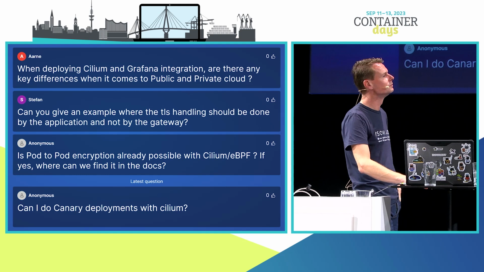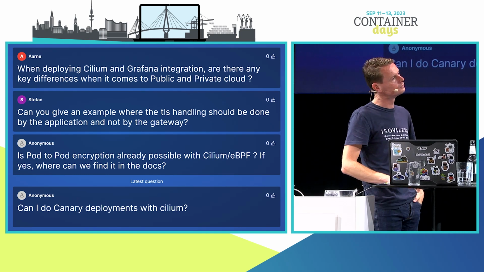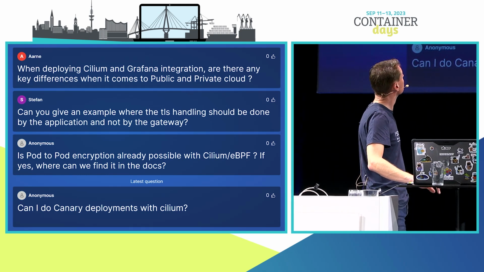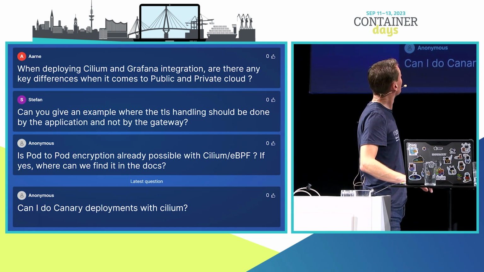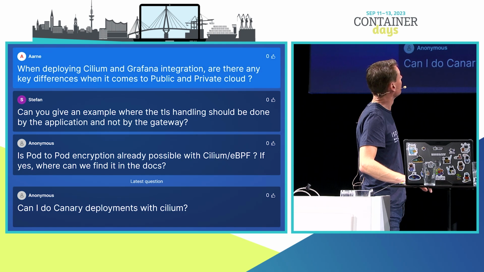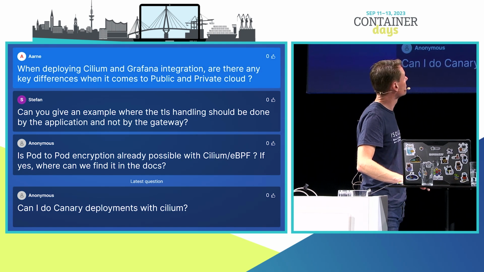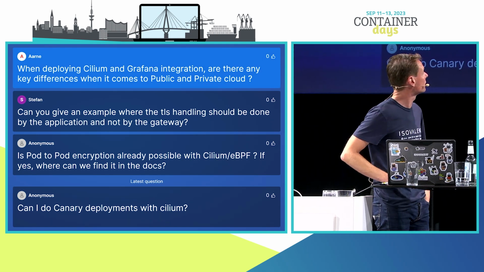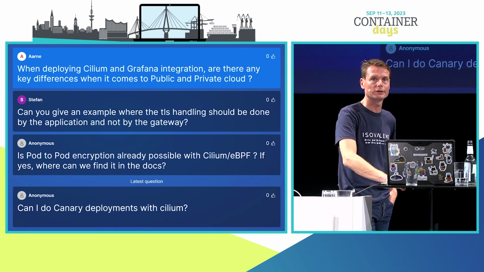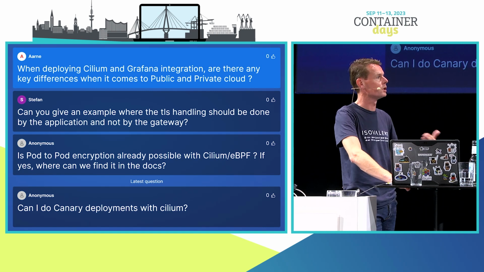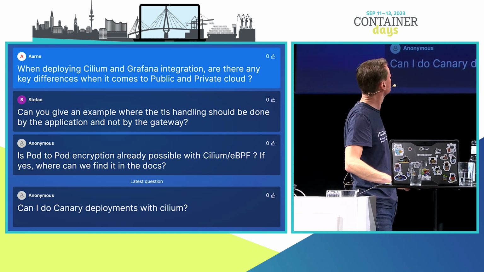When deploying Cilium and Grafana integration, are there any key differences when it comes to public and private cloud? Depends. I'm not as much of an expert on Grafana in private cloud, but I can imagine that you need to set up Grafana and then export metrics to your private cloud environment.